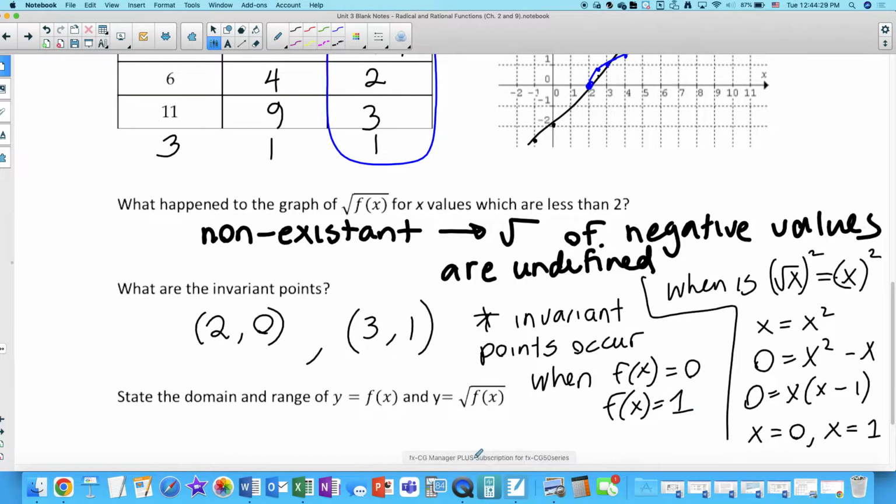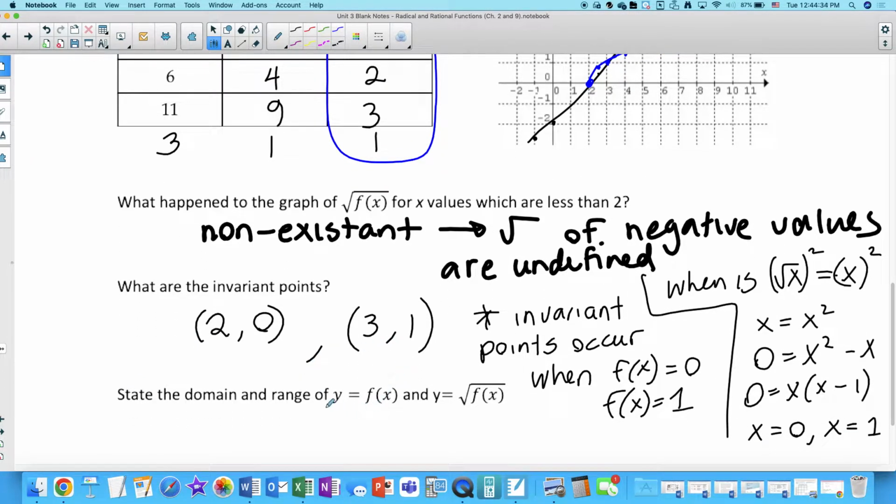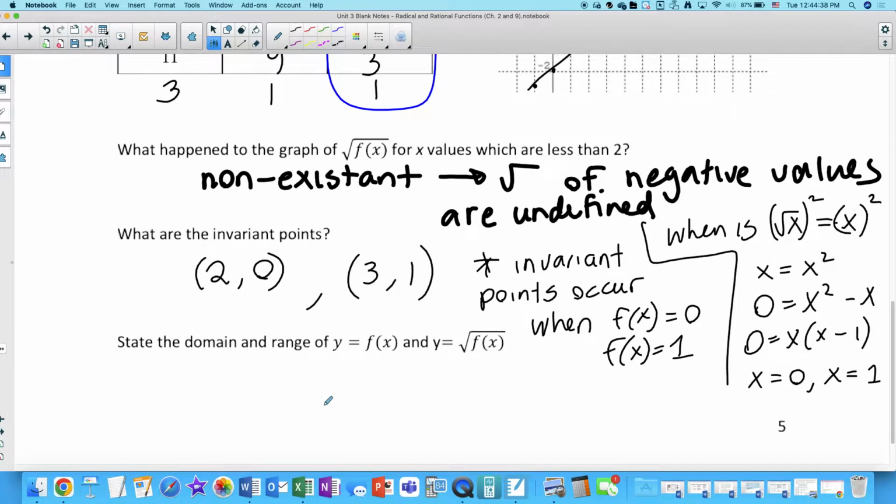Okay, so let's talk about domain and range. What's the domain of the original function? Yeah, x is an element of the real, for y equals f of x. And the range for the original? What's the range of the original linear function?